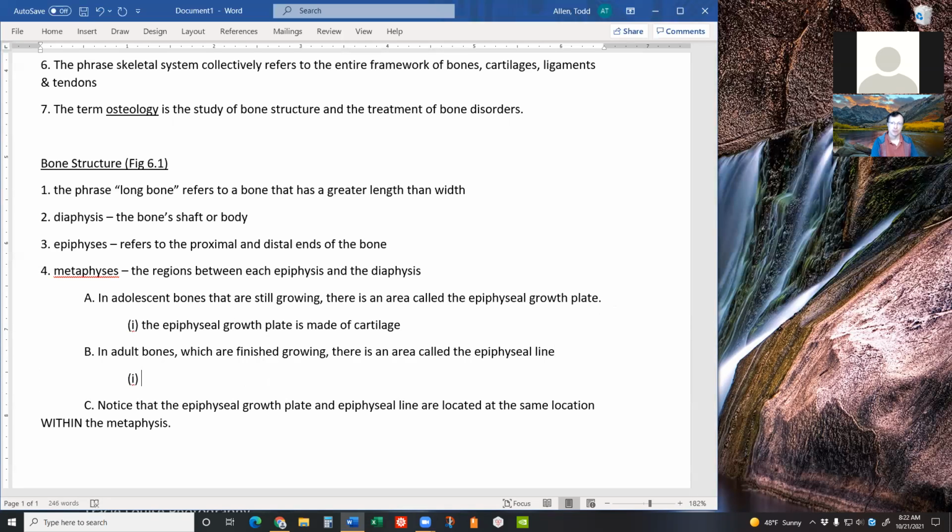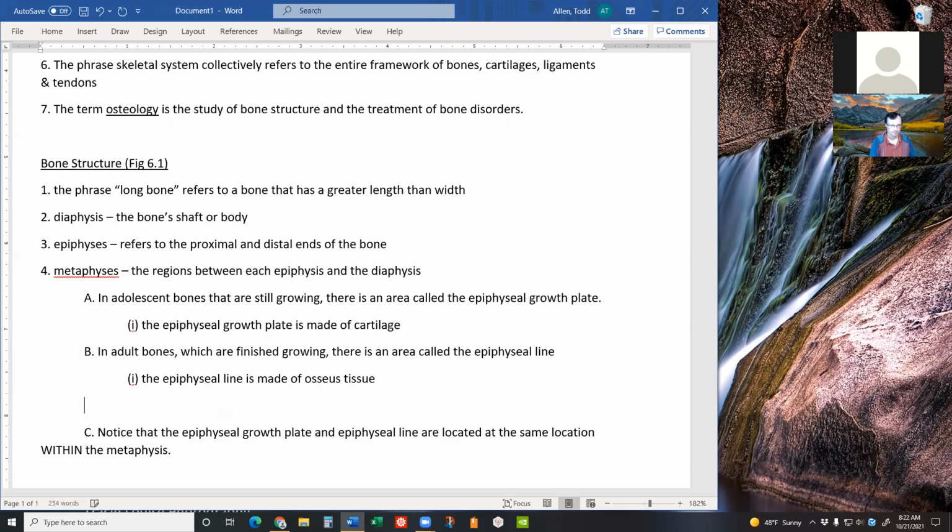The epiphyseal line is made of osseous tissue, which is to say that the cartilage of the epiphyseal growth plate, as you get older and you stop growing, will ossify, it will differentiate from cartilage into actual bone tissue itself. So the epiphyseal line is made of osseous tissue.